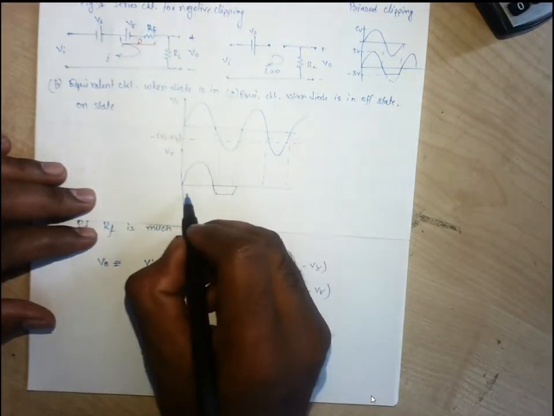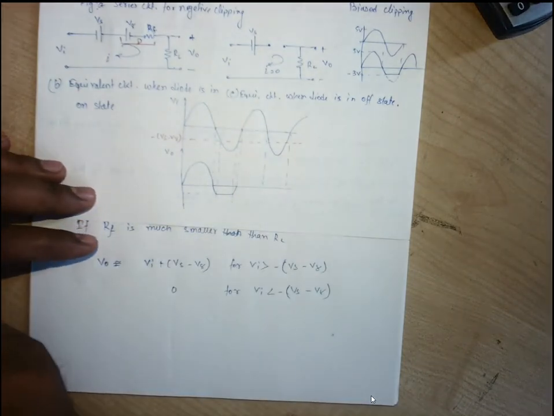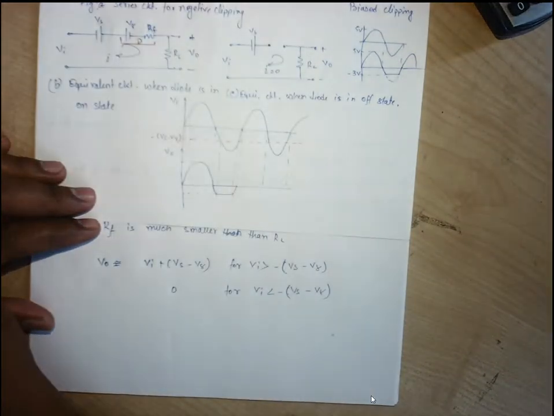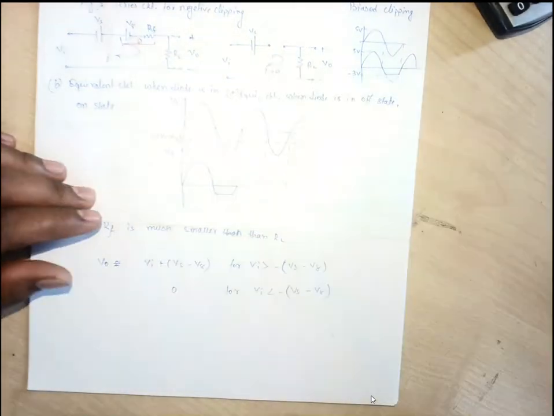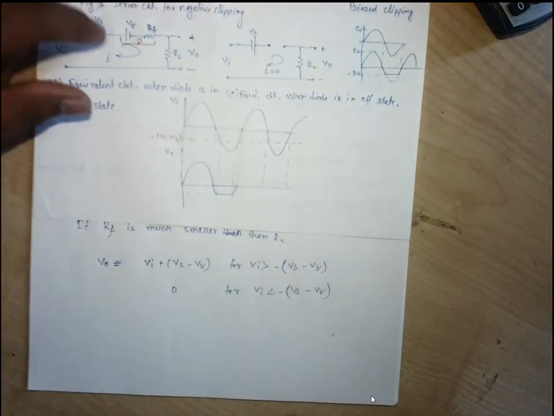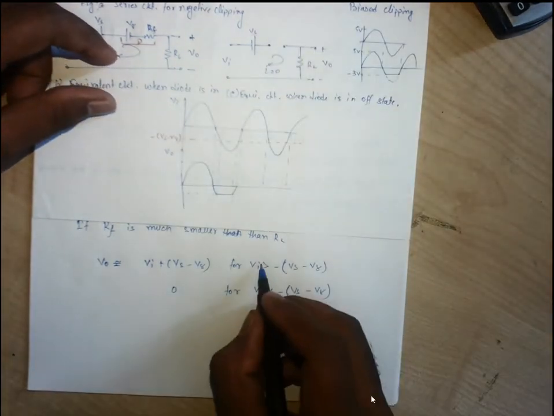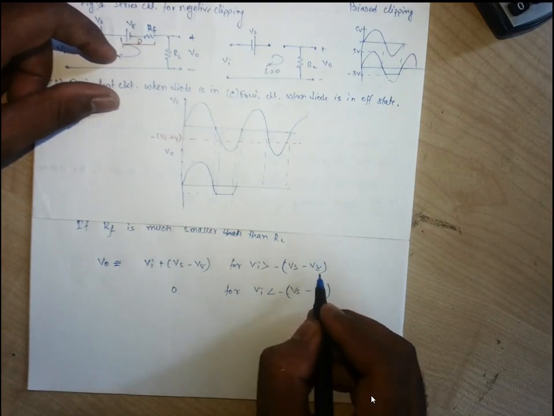For this positive value, or for this negative value, our diode will be on. So our current will flow through the load and we will get the V out. But if we go a little bit more negative than that, our diode will be off. That is this condition. So here the Vi should be greater than minus of Vs minus V gamma.